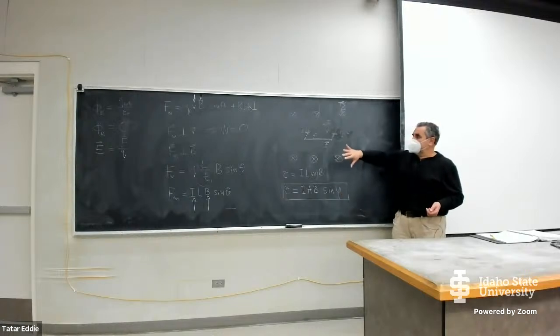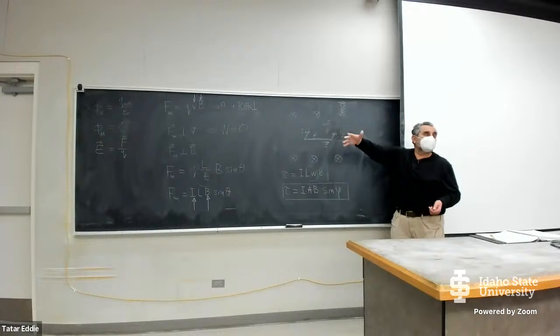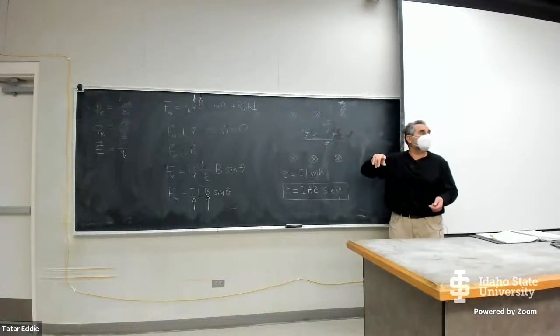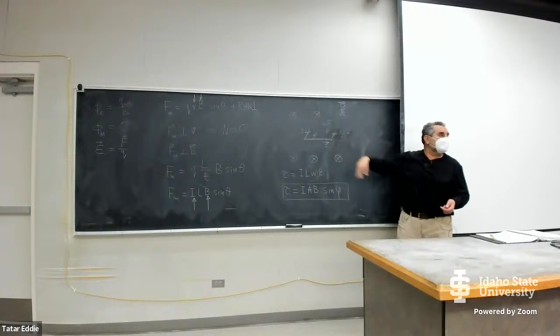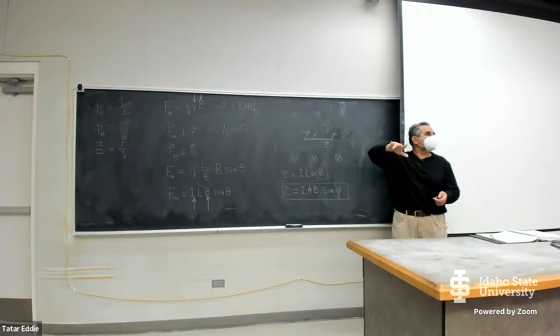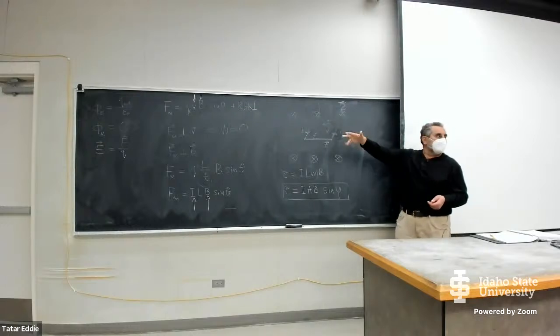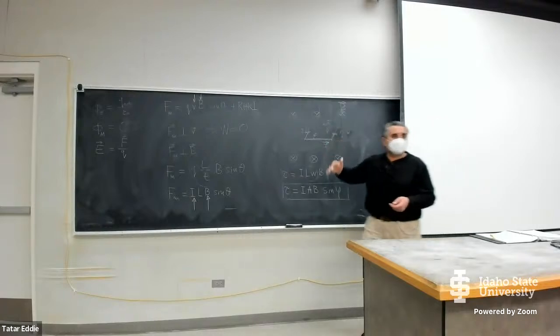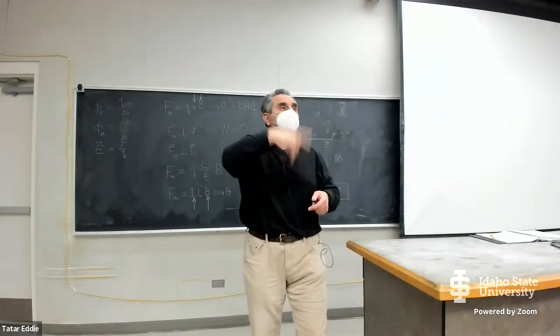But since this frame is spinning, it is going to continue spinning because of inertia. And if at that moment you switch the direction of the current, the torque is again going to keep rotating it. So you have to switch the direction of the current twice per cycle in order to have a continuous rotation.